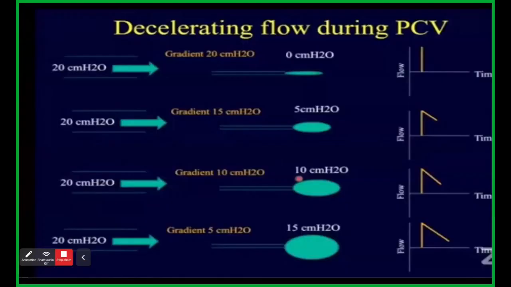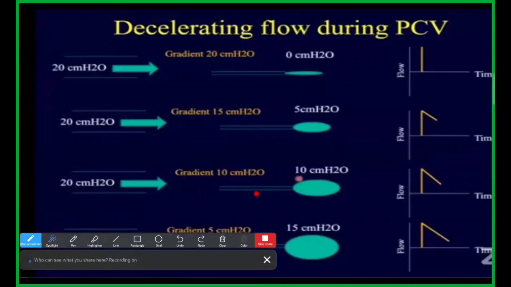Now coming to the pressure control ventilation mode. I have already said it is a decelerating flow pattern, right? How it is formed, shall we see in detail, because this is your ventilator delivered pressure and this is your alveolar pressure.